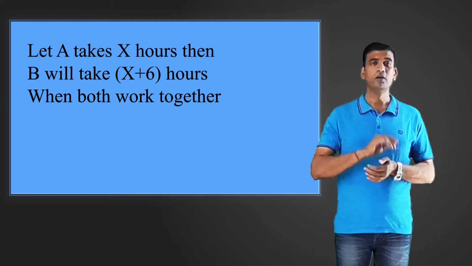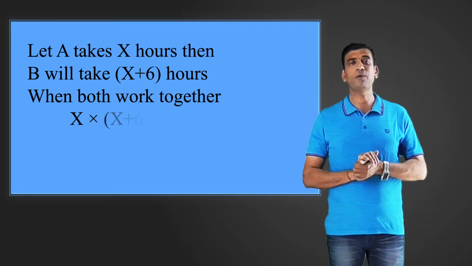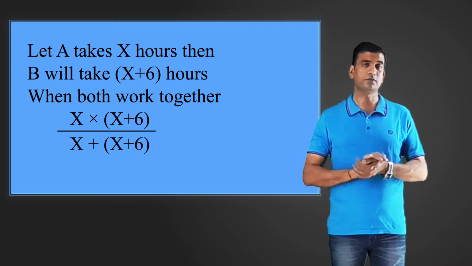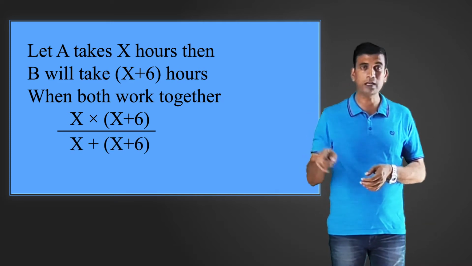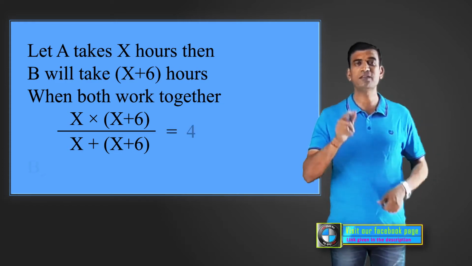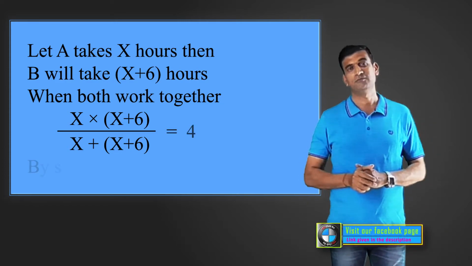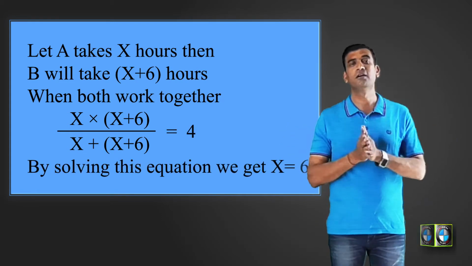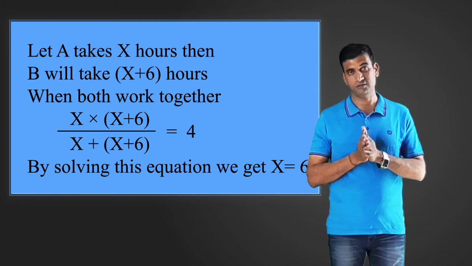Okay, now this is x into x plus 6 divided by 2x plus 6. So this is the total capacity of A plus B. But here in this question it is given that A plus B is taking 4 hours. So if you solve this equation, finally you will get the value of x.